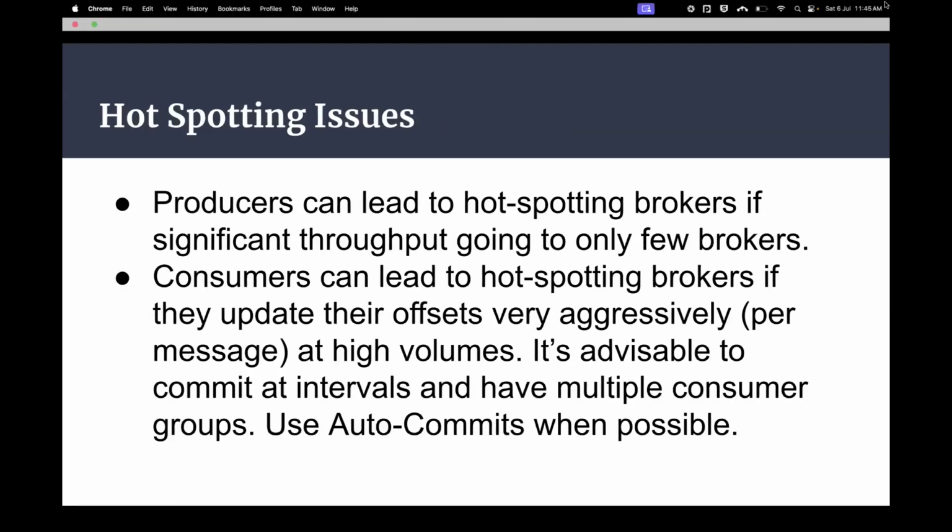Cool. Apart from that, I have spoken about these hotspotting issues, but let me clarify where you can get into hotspotting issues. We got into some hotspotting issues in production. Basically, if you have very few partitions compared to your brokers and you are putting too much data, it could happen that you're sending your messages to only a few brokers.